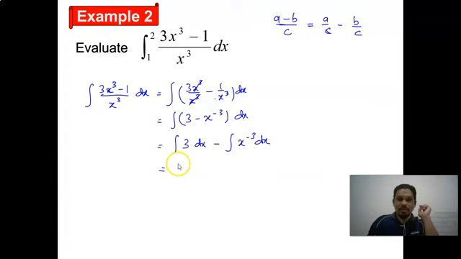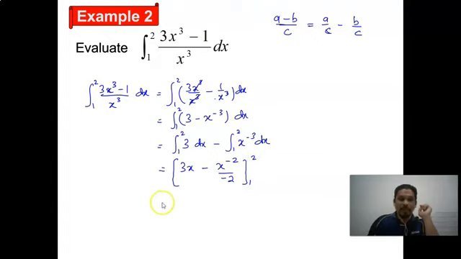So the integral of this is 3x minus, and for this one, x to the power of, for integration, the index will be plus 1 here, right? You come out with negative 2 divided by negative 2. Now it's from 1 until 2, and here also from 1 until 2.